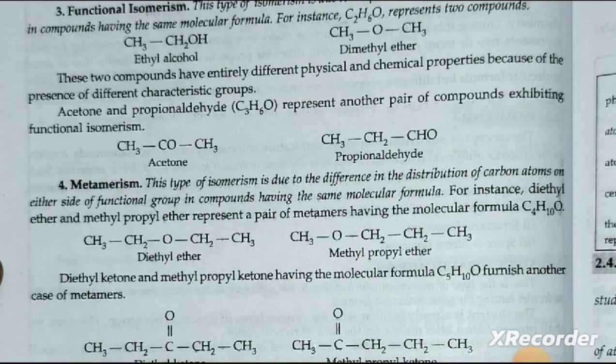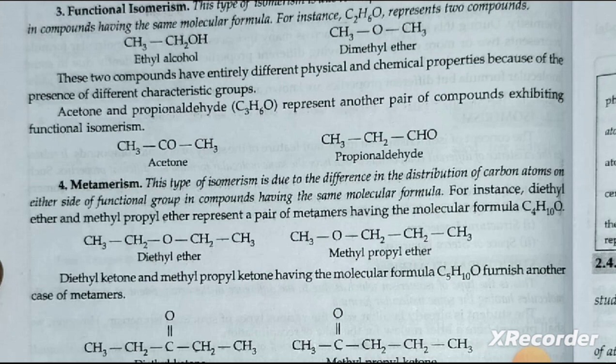Fourth, metamerism. This type of isomerism is due to the difference in the distribution of carbon atoms on either side of the functional group in compounds having the same molecular formula. For instance, diethyl ether and methyl propyl ether represent a pair of metamers having the molecular formula C4H10O. Diethyl ether, methyl propyl ether.